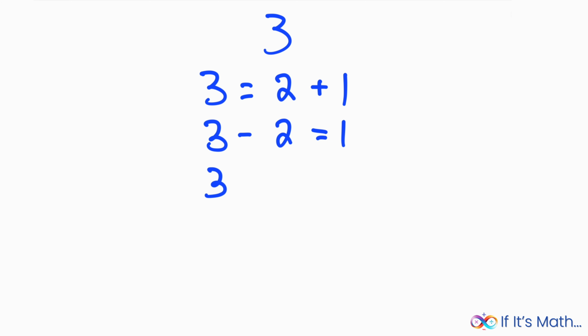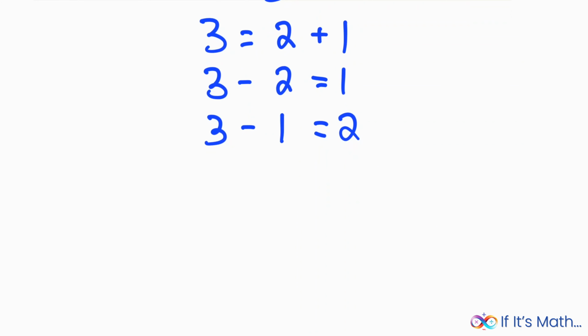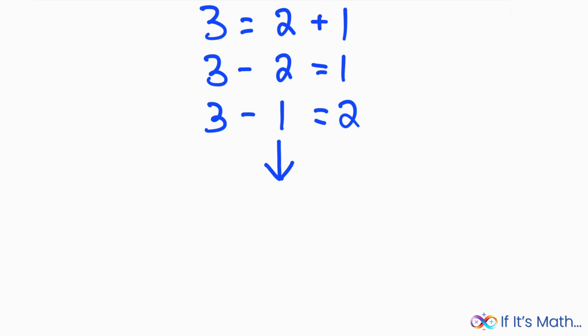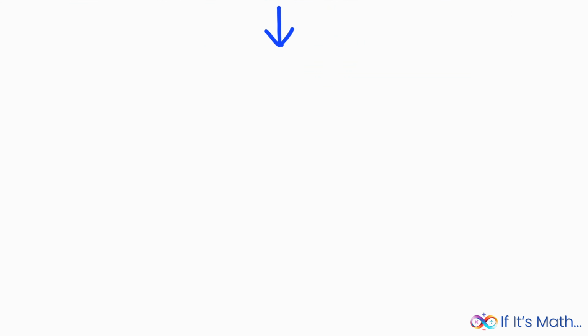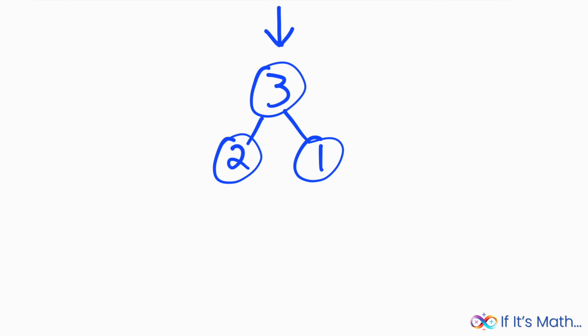So let's think about the number 3 as an example. When you think about 3, we know that there are 3 addition and subtraction facts, and those are 3 equals 2 plus 1, 3 minus 2 equals 1, and 3 minus 1 equals 2. So all a number bond does is show these relationships as an image. You have the 3 at the top, the 2 and the 1, and then you connect them.